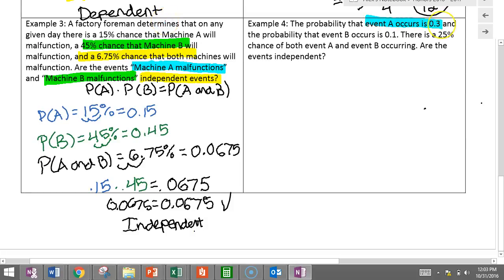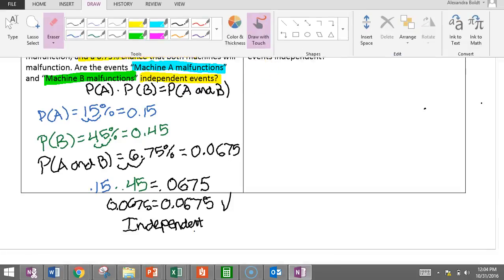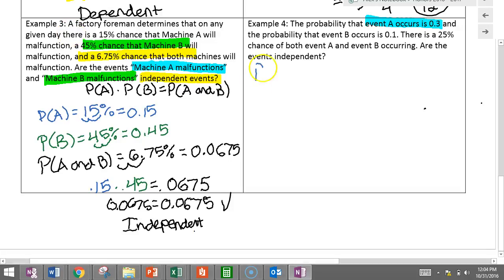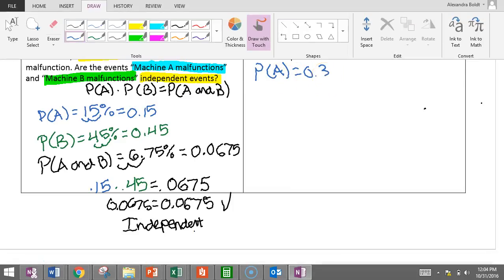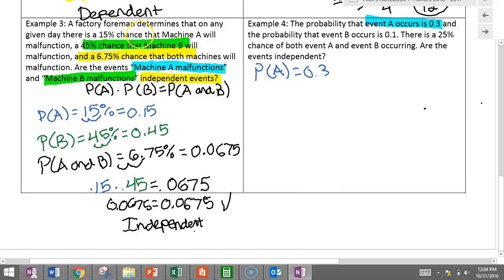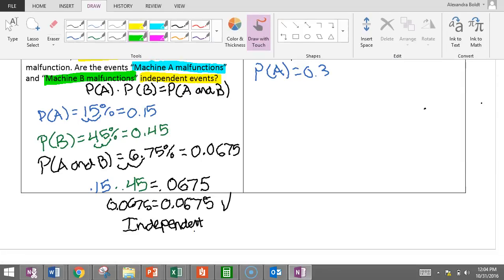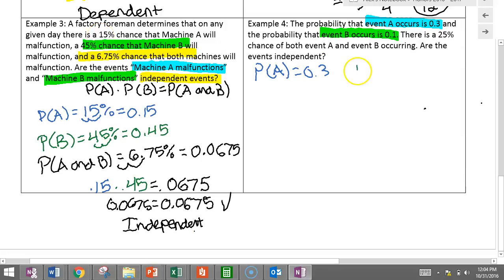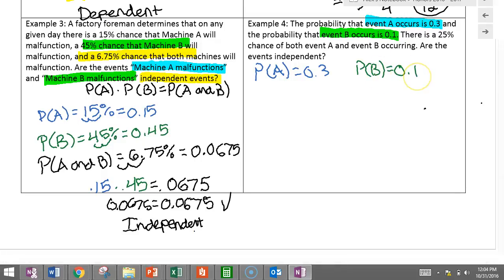Event A occurs at 0.3, so the probability of A equals 0.3, and this is nice because it's already in decimal form. I don't have to change it. Event B occurring is 0.1, so the probability of B equals 0.1.